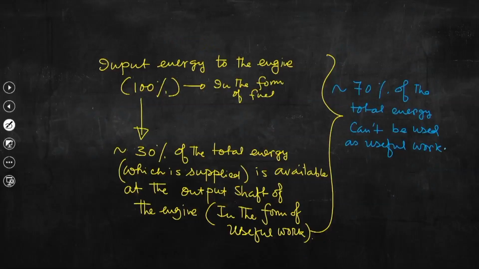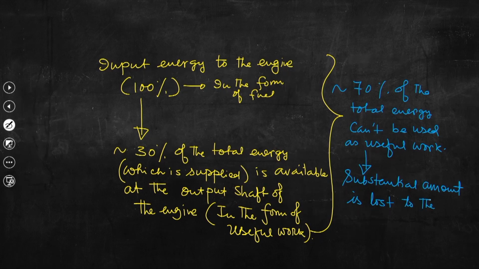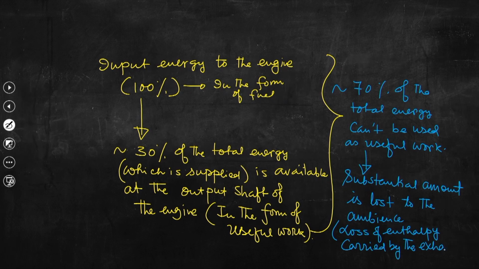So, you can understand that out of this 70%, a substantial amount is lost to the ambience, and that is essentially the loss of enthalpy carried by the exhaust gases.